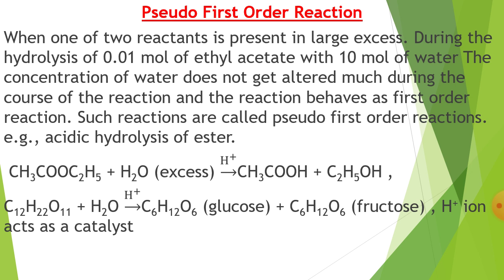Look at the second reaction: sugar plus water gives glucose plus fructose in presence of acidic medium. This is also known as inversion of cane sugar. This reaction has also come many times. So these two examples you have to learn for pseudo first order reaction. Again listen, if out of two reactants one is present in large excess, that reaction is known as pseudo first order reaction.